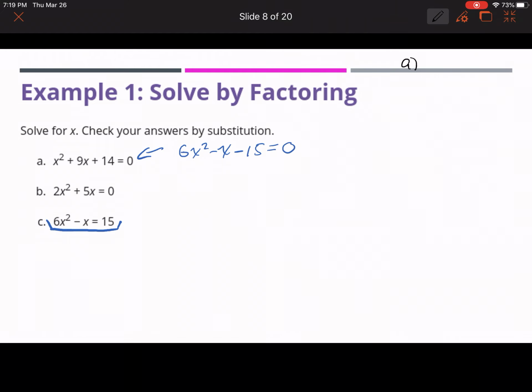So we need two numbers that multiply to a times c, and two numbers that add to b. So a times c, 6 times 15, so we've got 90. Ooh, we're working with big numbers now.